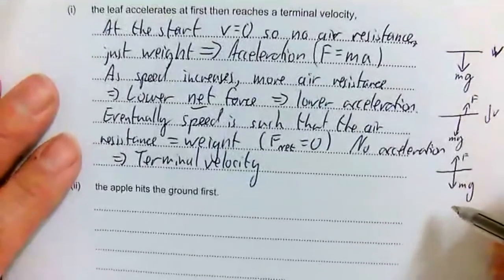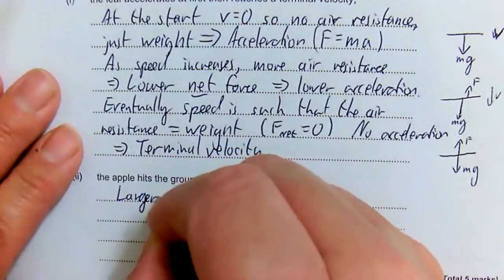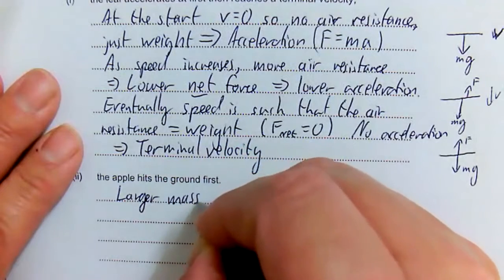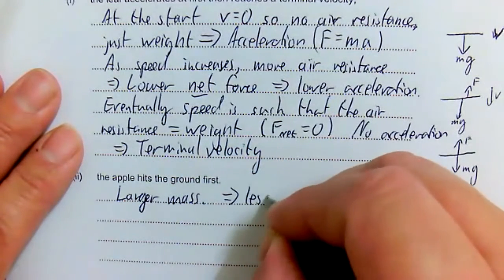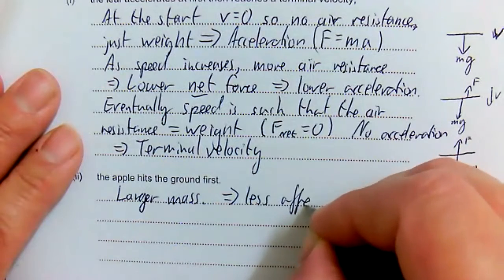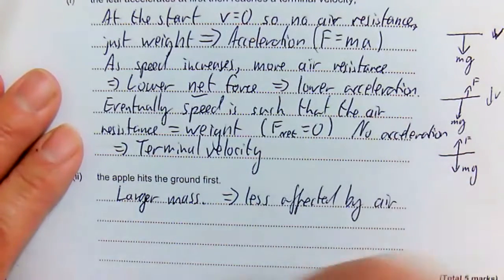So why does the apple hit the ground first? Well, the apple is a larger mass. And because the apple's got a larger mass, it's less affected by air resistance.